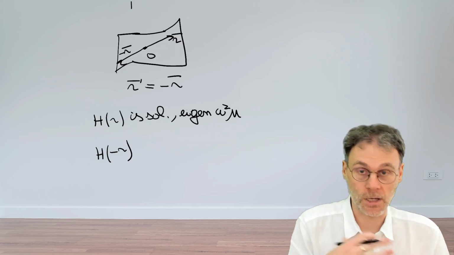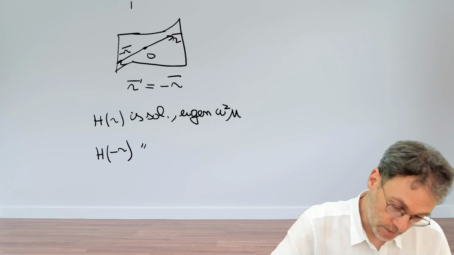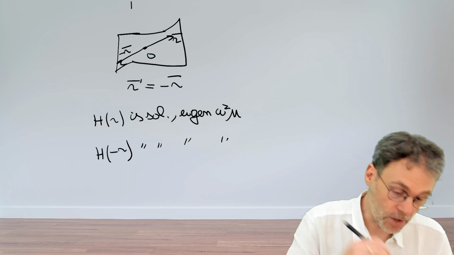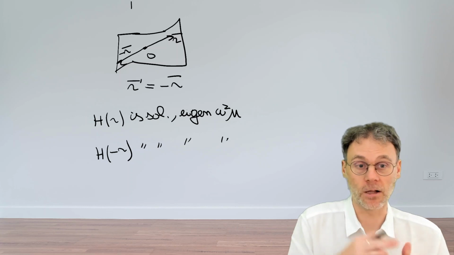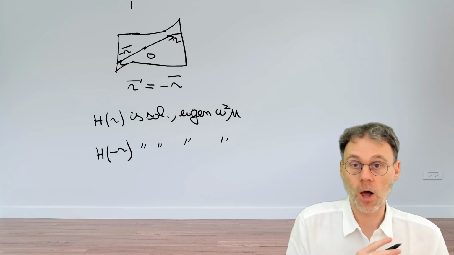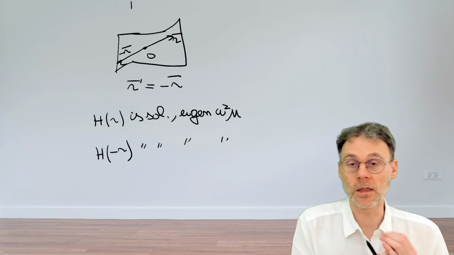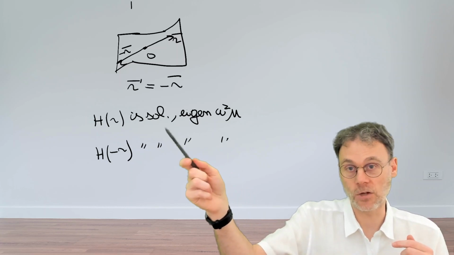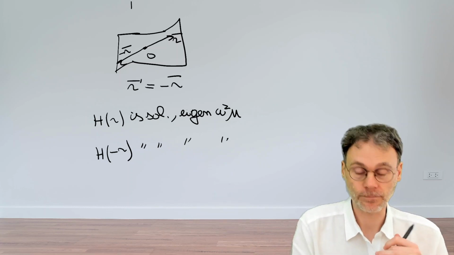But something we can say without any problem is that if H of r is a solution with eigenvalue ω²μ, then it also has to be the case that H of minus r is also a solution with exactly the same eigenvalue, simply because of the fact that the cavity cannot tell r from minus r apart. What exactly the relationship is between H of r and H of minus r, that's something we will be thinking about in the near future. But of course, so far, there's nothing wrong with saying that if H of r is a solution, certainly H of minus r should also be a solution.